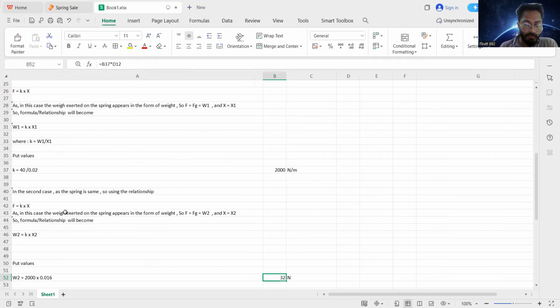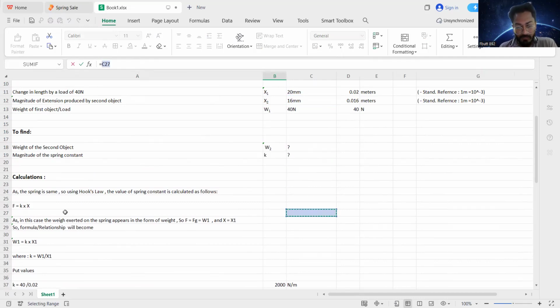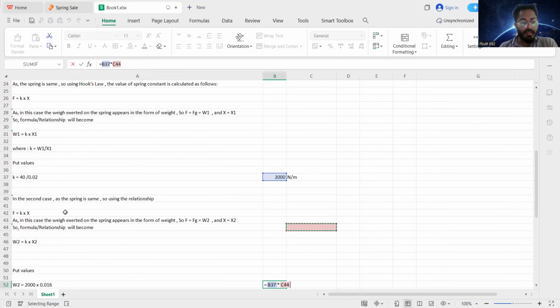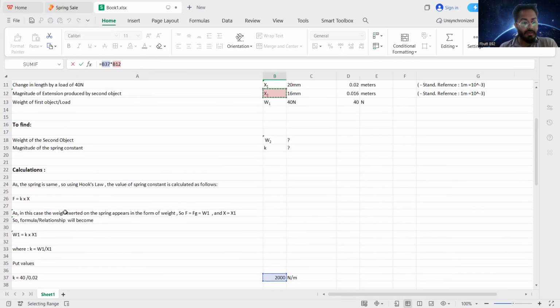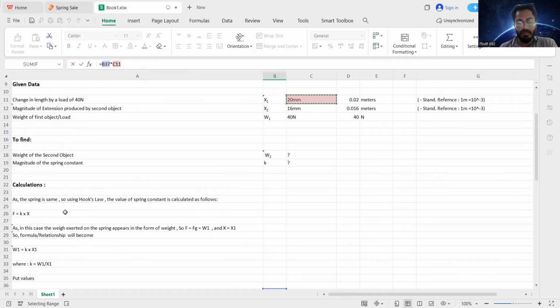So 2000, the magnitude of the spring constant, is multiplied by the change in length in the second situation. The change in length I have written in the given data for the second situation is 16 millimeter, which in meters is approximately 0.016. In this case as well, I have substituted the value of milli, where 1 milli is equal to 10 to the minus 3, and I have put the standard reference on the right hand side for the sake of simplicity.